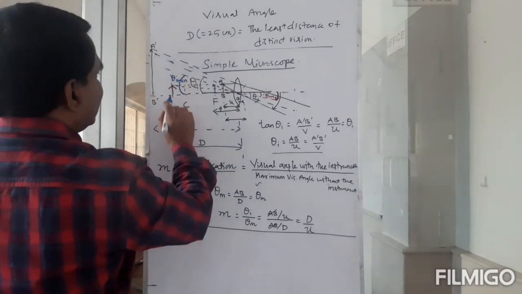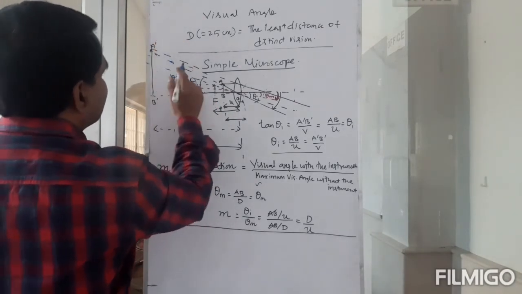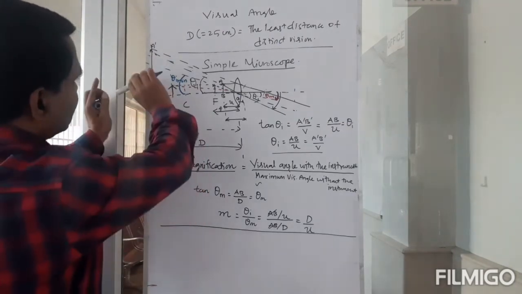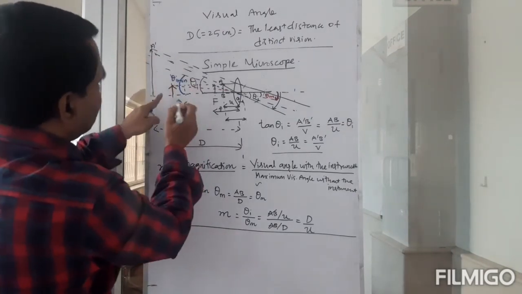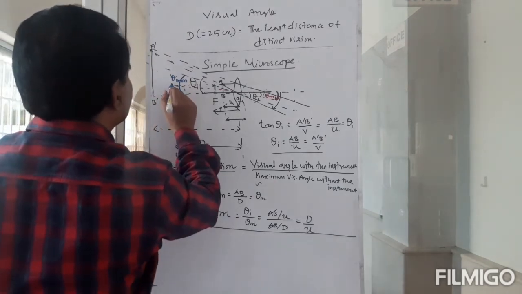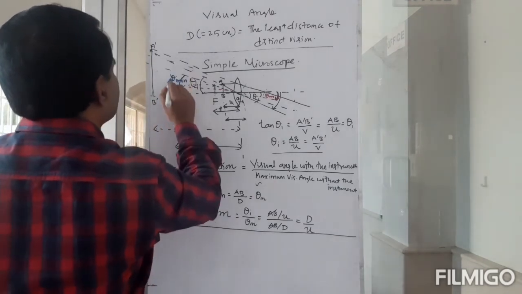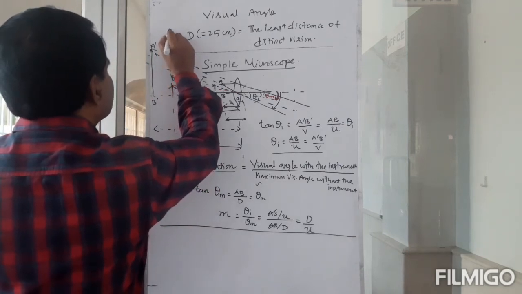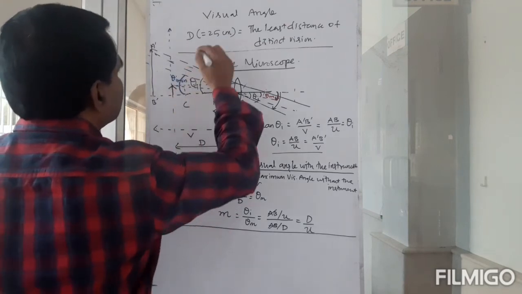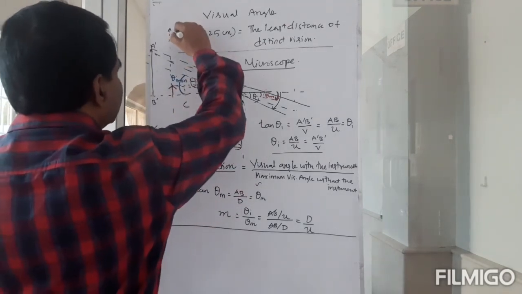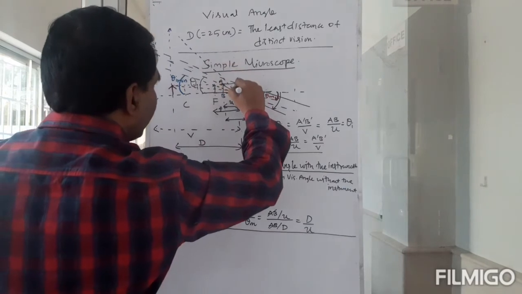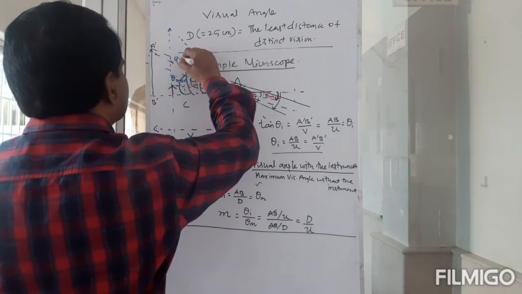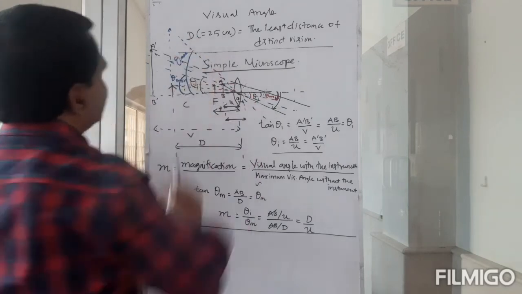And when the image is formed at D itself, clearly, from infinity, as you bring it closer and closer, the theta is increasing, and here you will form the maximum angle, maybe your image is something like this, and that will form an angle like this. So this could be your theta I max.